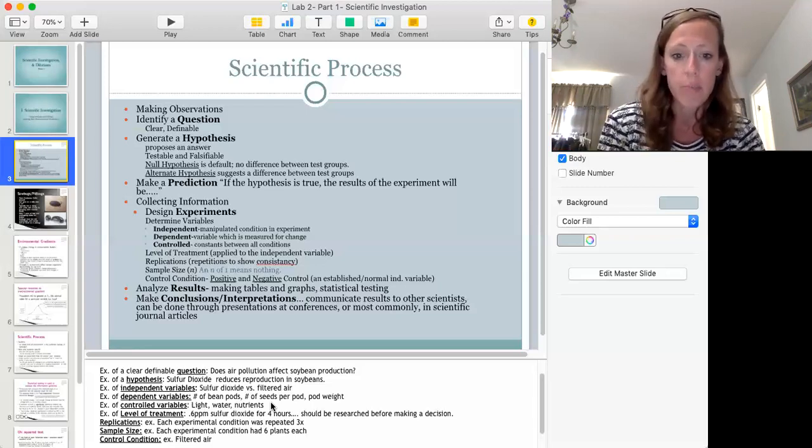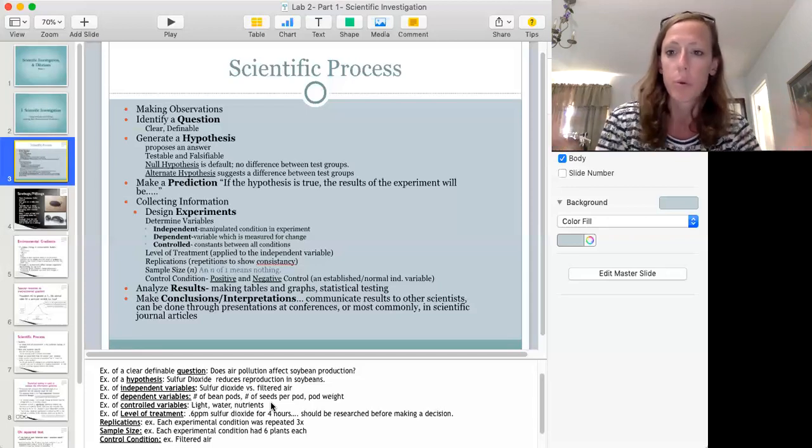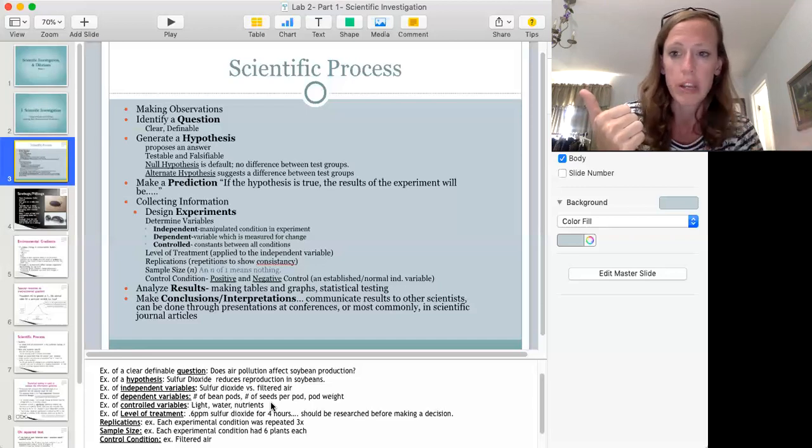So in this example, the independent variable would be exposing the soybean plants to either filtered air, which would be baseline, the default, or say sulfur dioxide, which would be your air pollutant.